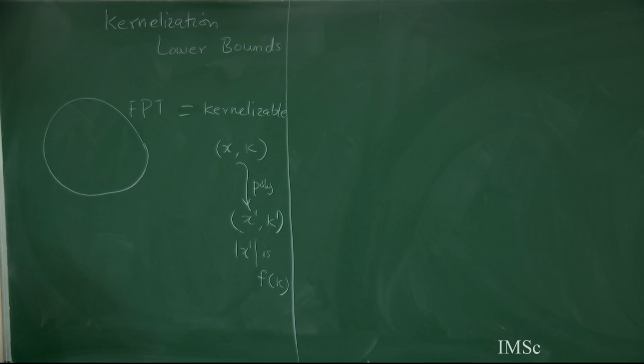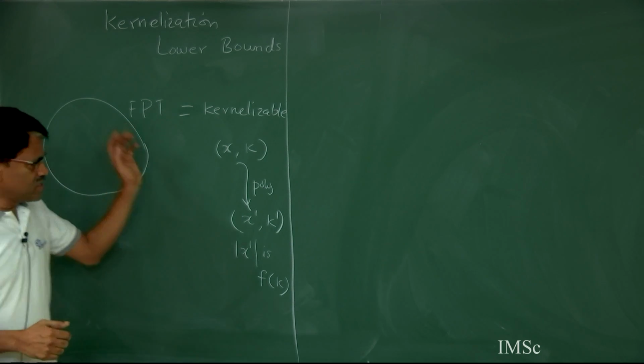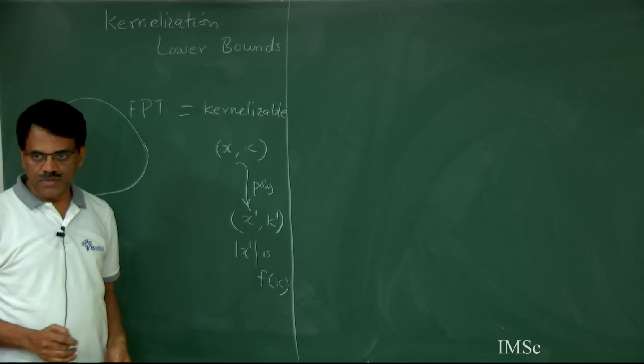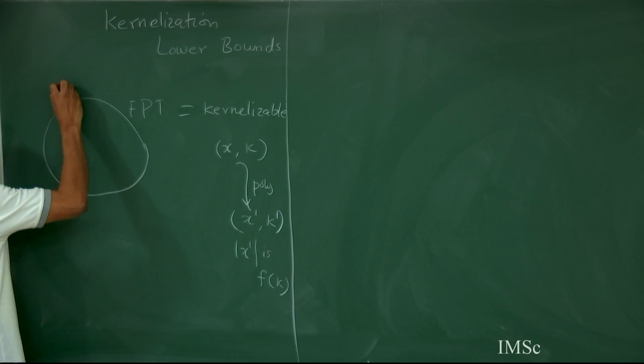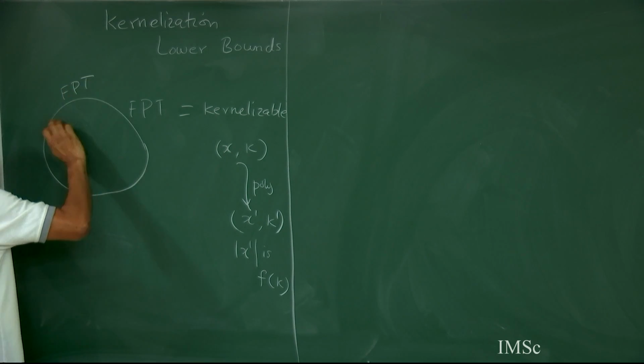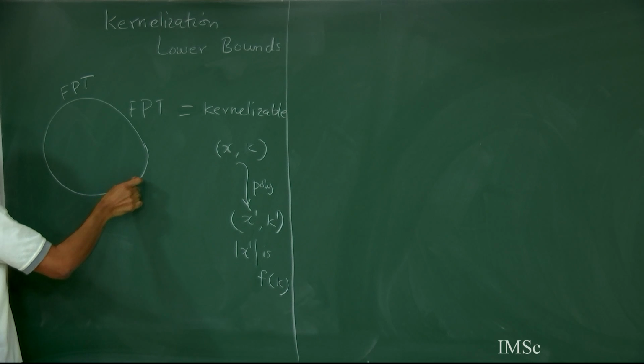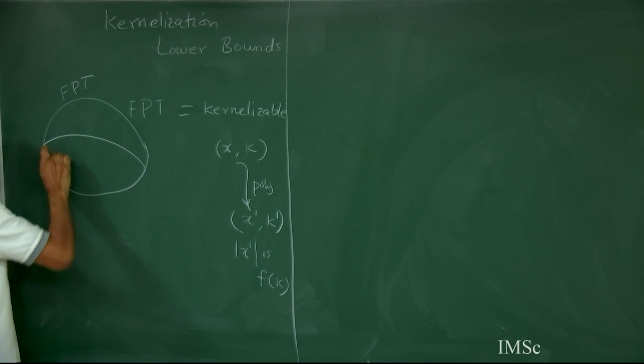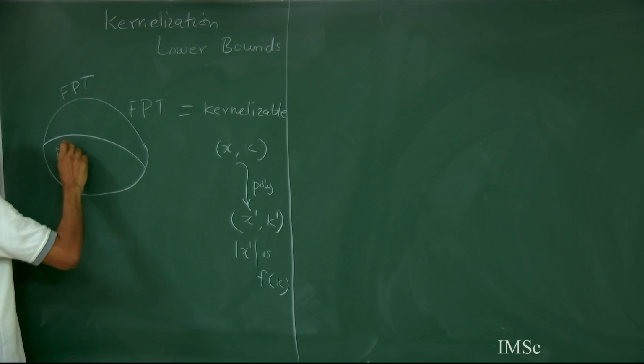Everybody remembers that. This is a simple thing, and you should remember it; at least that would be a takeaway message of this whole course. But the size of the kernel for these FPT algorithms could be exponential or doubly exponential, or it could be really bad.